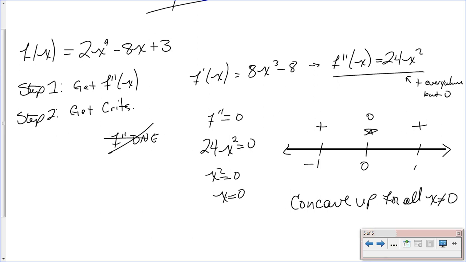So concave up for all x not equal to 0. It's concave up everywhere but x equals 0.